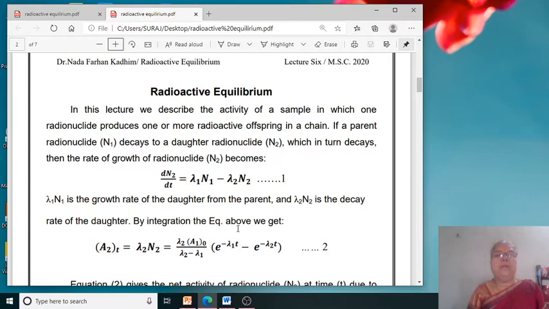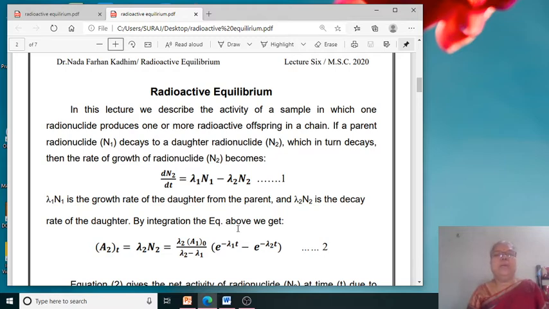Suppose, for example, A is our parent radioactive element. It gives B as a daughter, B gives C as a daughter, and C gives D as a daughter. And lambda 1, lambda 2, lambda 3 are the decay constants of the disintegrations.